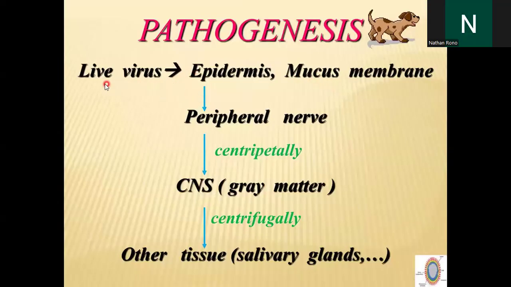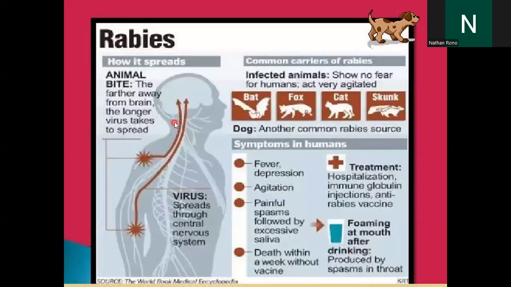So here it is: live virus, epidermis, then mucous membrane, goes to the peripheral nerve, centripetally, to the CNS, which is the brain and the spinal cord. Then centrifugally, meaning away, to other tissues like the salivary glands. Okay, have you seen that?